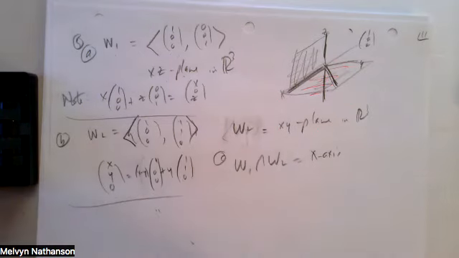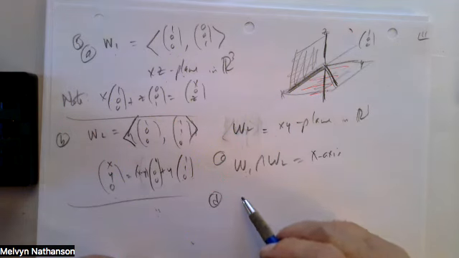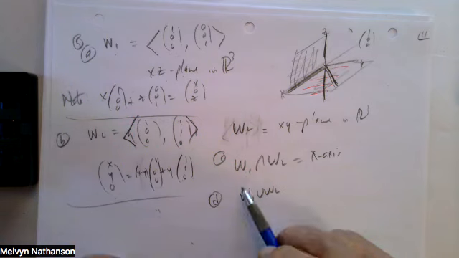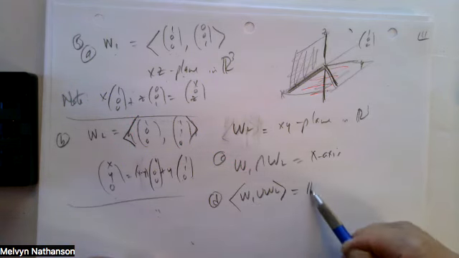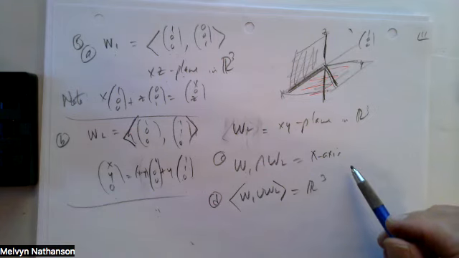It's that line through the origin. That's the intersection. And in part D, W1 union W2, I should have said the subspace they generate. That's all of R3, but it's a typo.